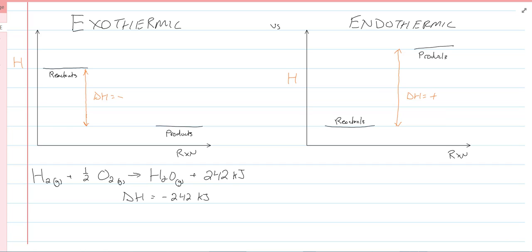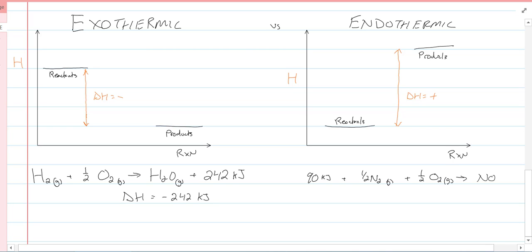Another reaction would be if I add 90 kilojoules to 1/2 mole of nitrogen gas plus 1/2 mole of oxygen gas, I would go to nitrogen monoxide gas, and that delta H requires 90 kilojoules per 1 mole reaction. So those are two examples where heat is required for the reaction, endothermic, and heat is released. So there's the two qualitative diagrams of delta H with endo and exothermic.